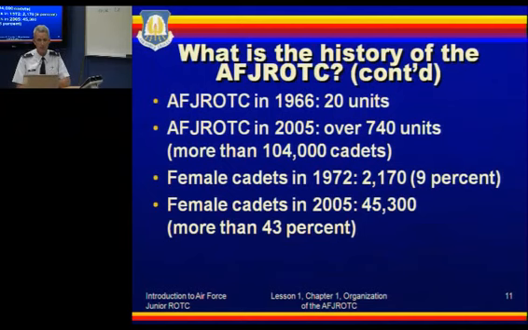And I believe we're about in the 850, 870 numbers as far as our Air Force junior ROTC units across the nation. Across the world, there's 3,500 junior ROTCs, Army being the biggest, and then I'm pretty sure Navy and the Air Force are about the same, and then Marine Corps is, of course, the smallest.